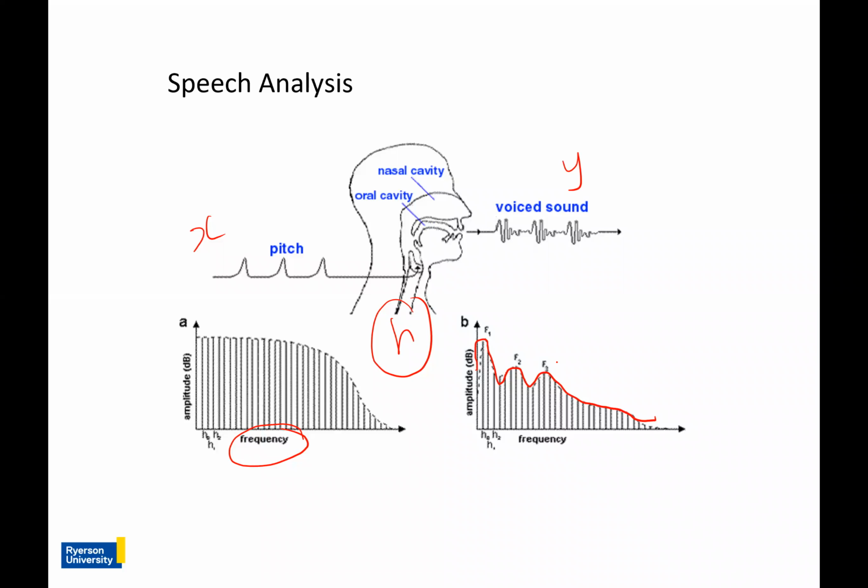It's all happening naturally in the human body. It's acting like a filter. Okay, and this is what's happening now. So if you take a speech signal, if you plot it, you will see a spectral activity like that. Why that's coming is because of the input excitation that's given, and typically it's an impulse train with certain pitch period, and it all gets shaped by the vocal tract, and vocal tract is acting like a filter here.